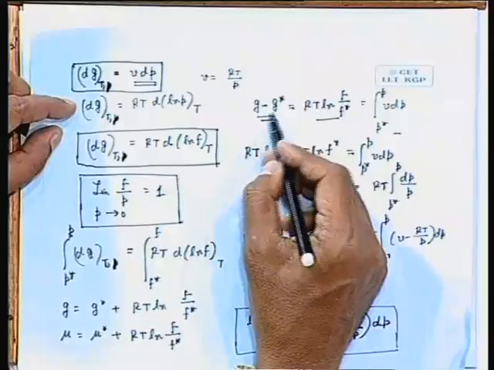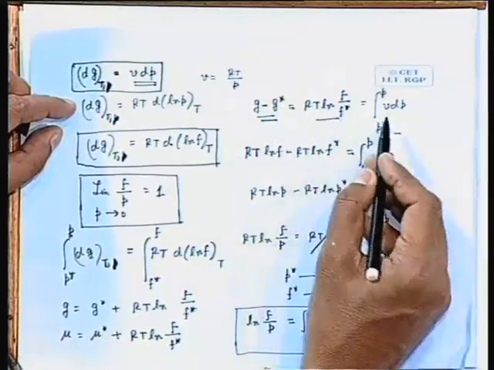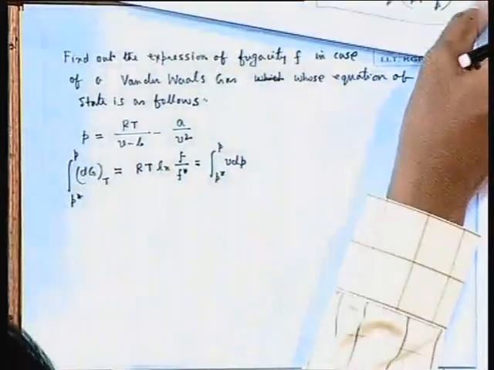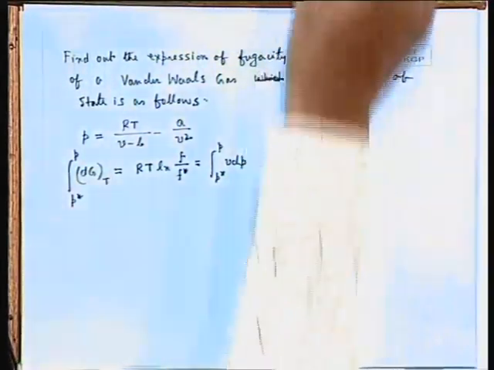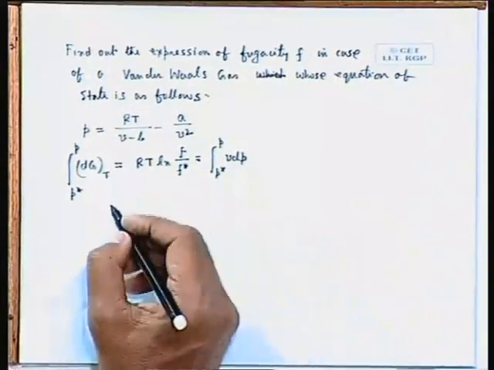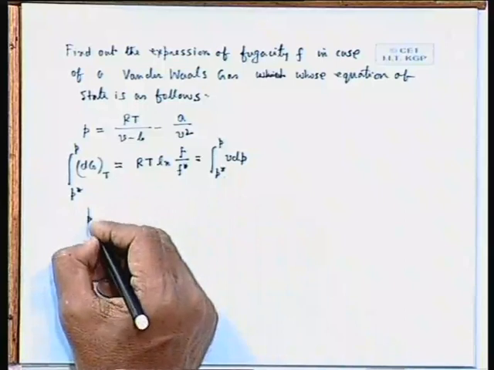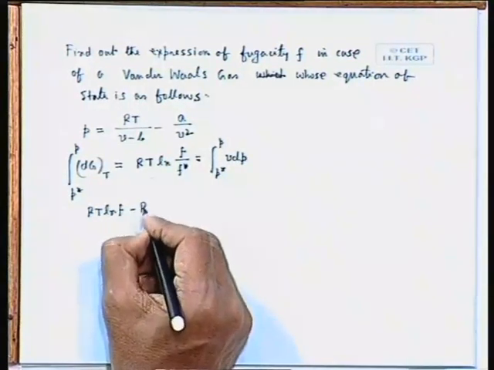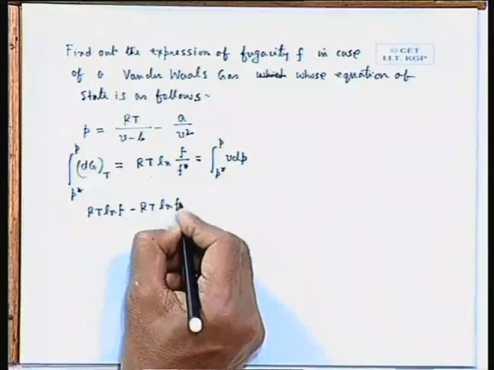This is nothing but dG at constant temperature from P* to P. Now if we equate this, we get RT ln F minus RT ln F*.